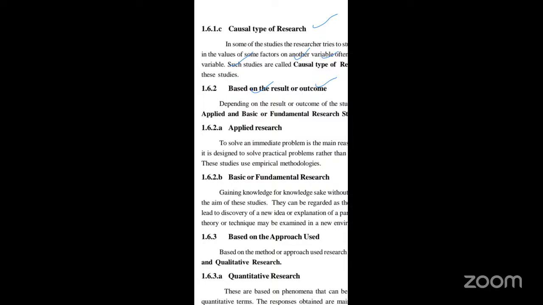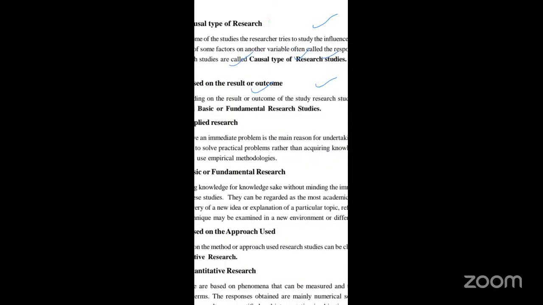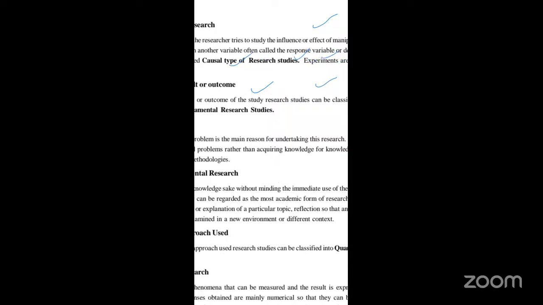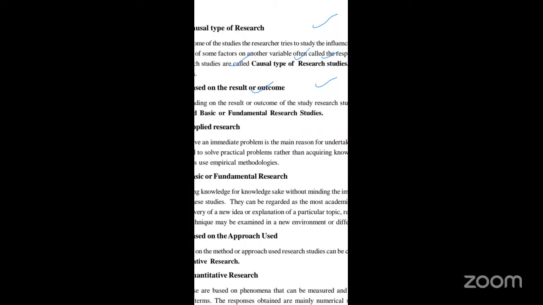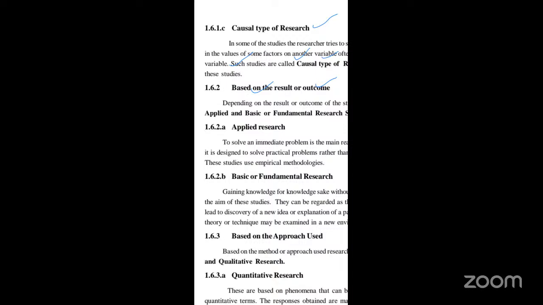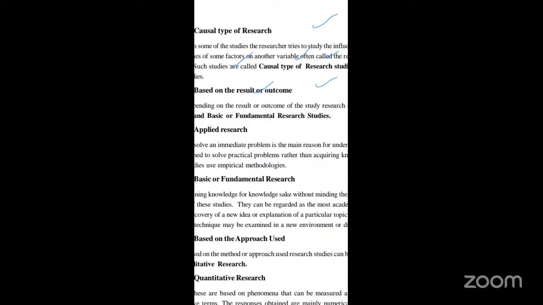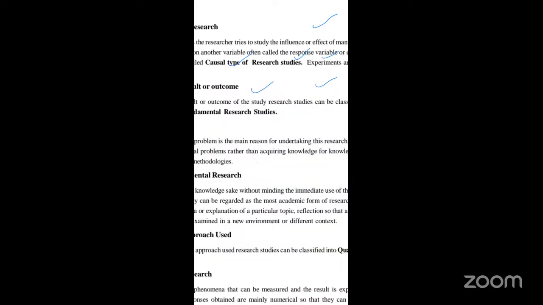So, basic or fundamental research. What does it mean? Gaining knowledge for knowledge's sake without minding the immediate use of the result is the aim of these studies. They can be regarded as the most academic form of research.